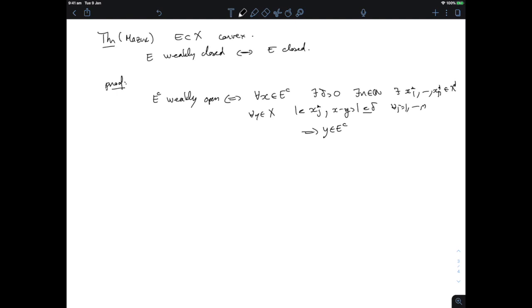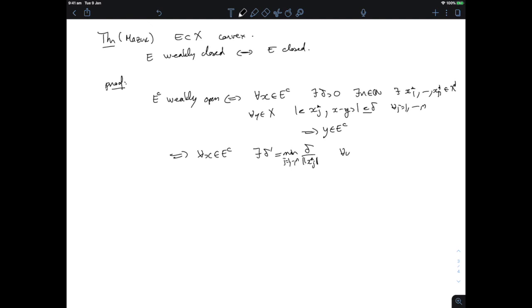Okay, now what does that give me? That gives me that whenever I have an x in E complement, if I pick delta prime to be the minimum of delta divided by the norm of the xj stars, j equal to 1 to n. Of course, none of them have to be 0, if not you could remove it from the definition of the neighborhood.